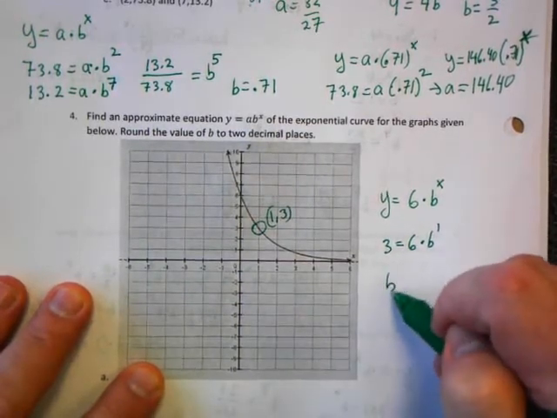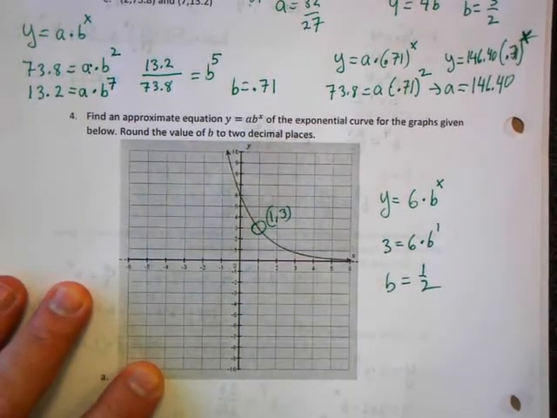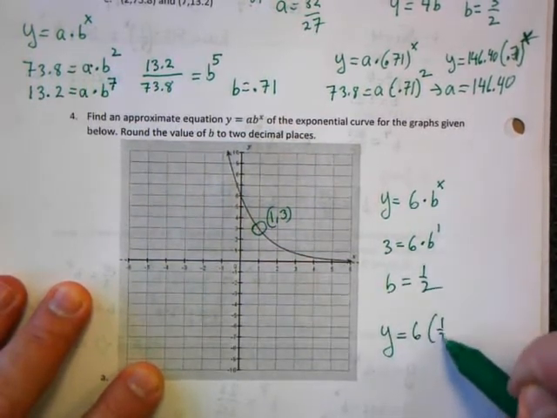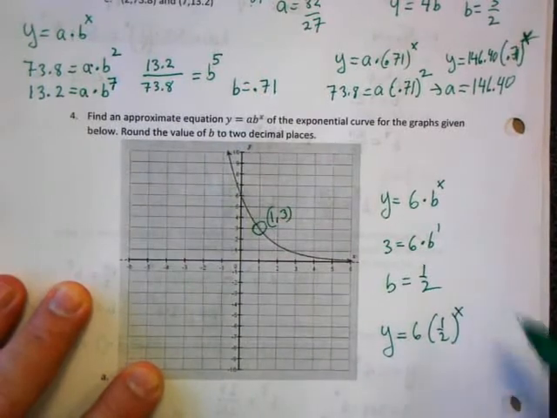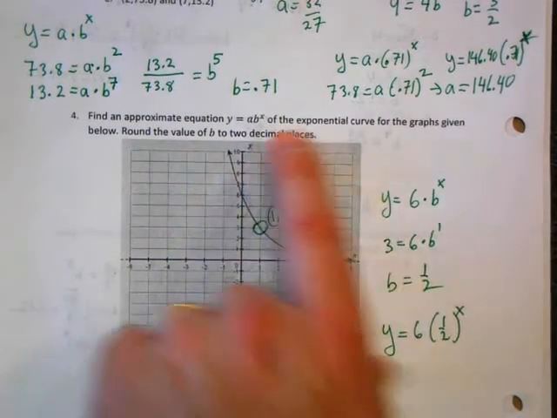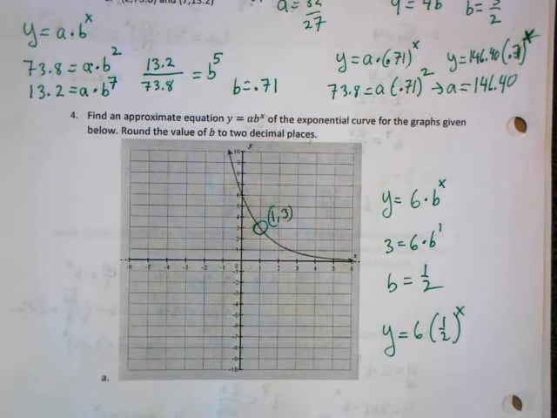Well, that's a very easy one to solve. B is a half. So final answer, y equals 6 times 1/2 to the x. I didn't quite follow the directions because it said round to 2 decimal places. That one came out real nice. There's no reason to round that one.